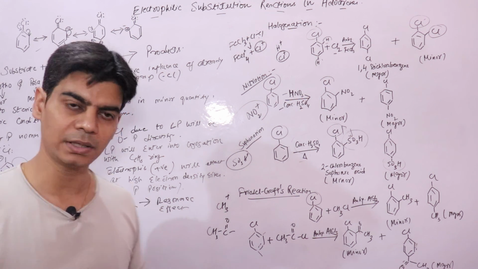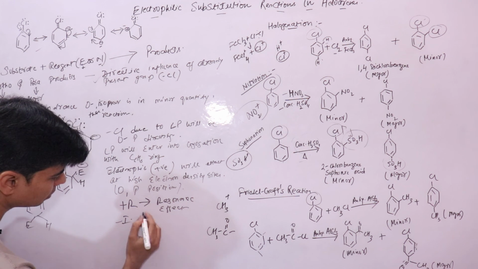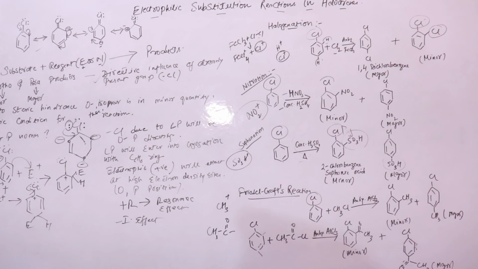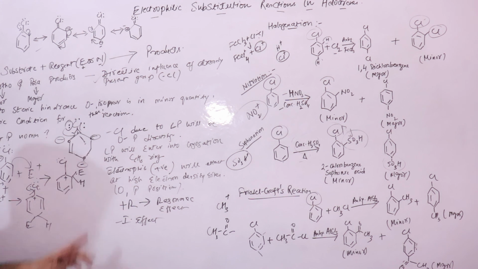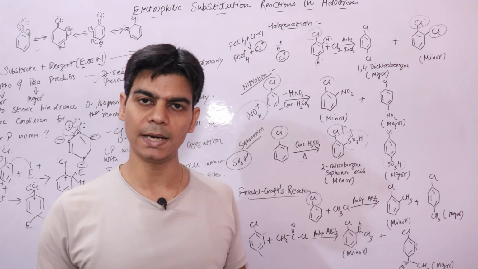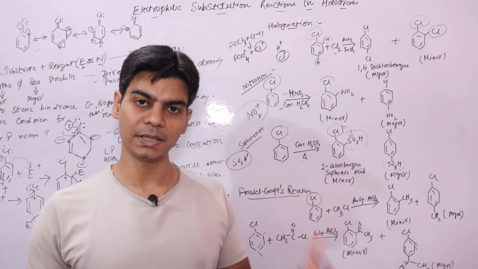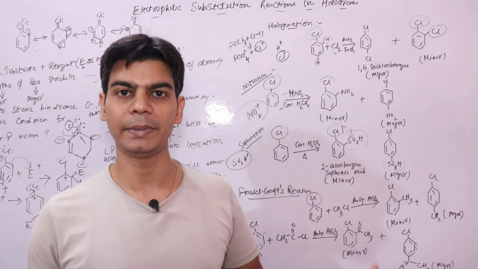It has another effect which we call the minus I effect. The minus I effect is an electron withdrawing effect, so Cl, this already present group on the benzene ring, will withdraw electron density from the benzene ring.